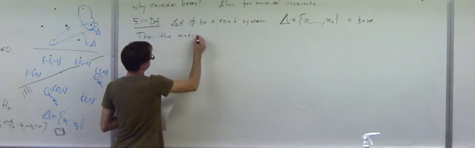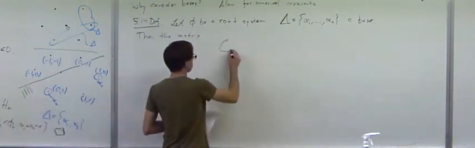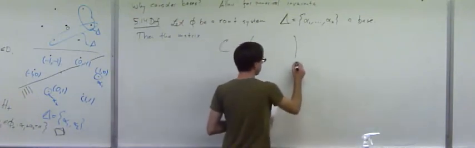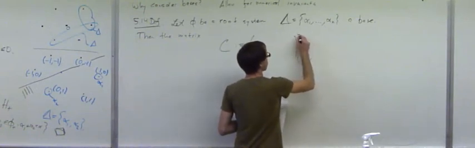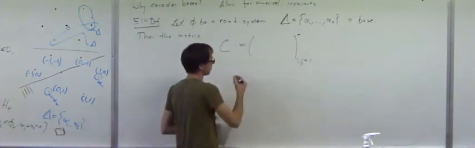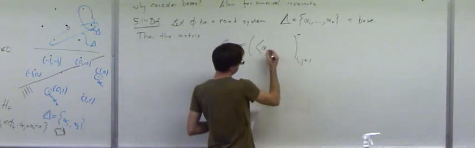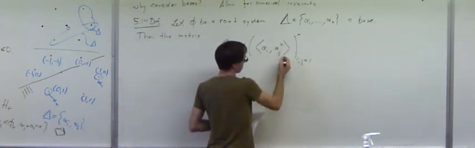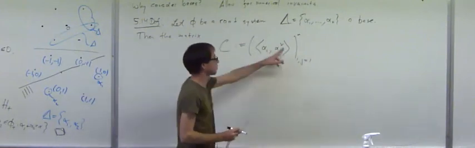Then I consider the following matrix C. This is an n by n matrix, and the general component is, well, this is not so clear, say it's this one: the pairing of alpha i with alpha j check.